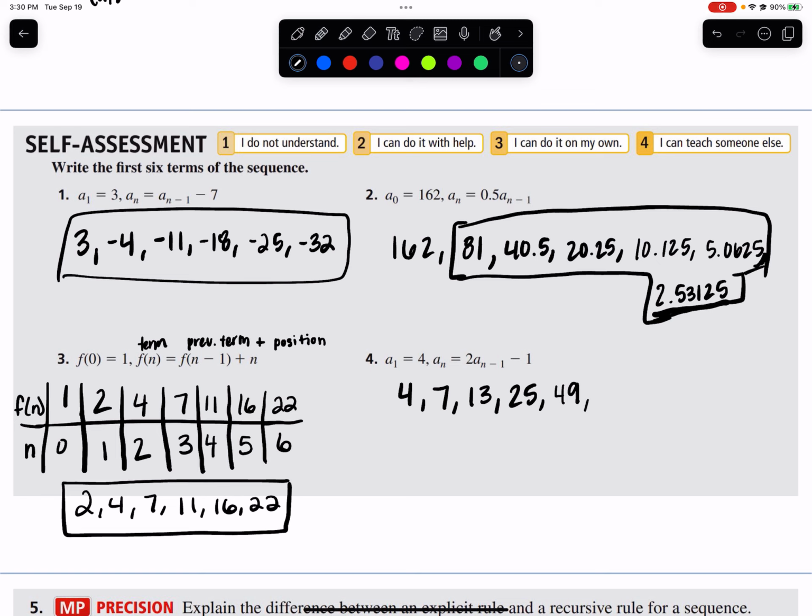And then 2 times 49 minus 1 is 97. And I'll write this right here so you can refer back to it.